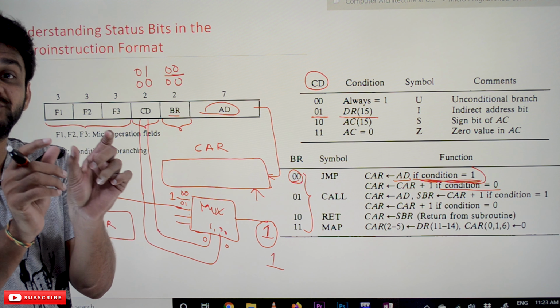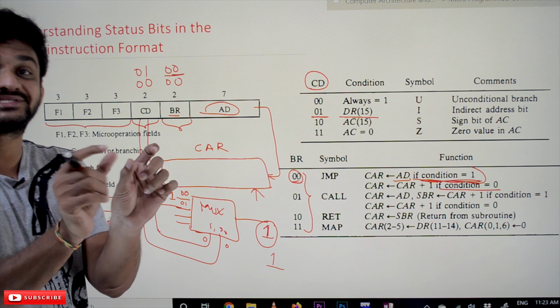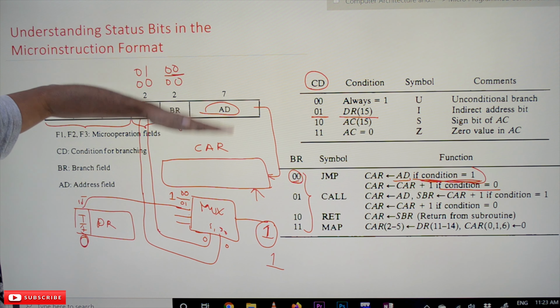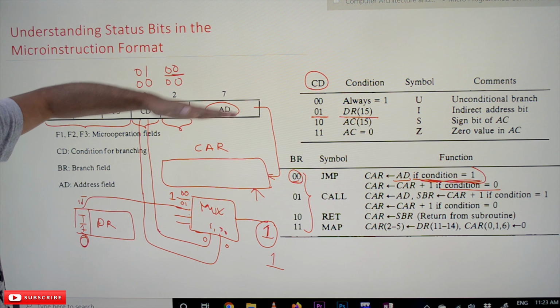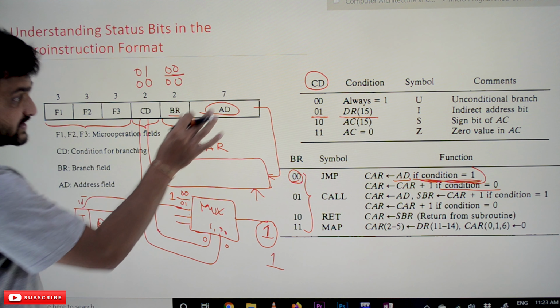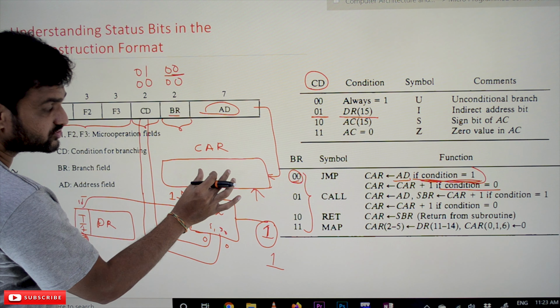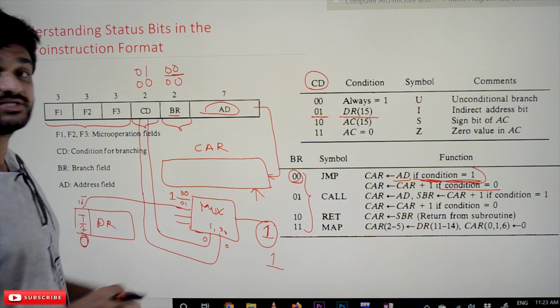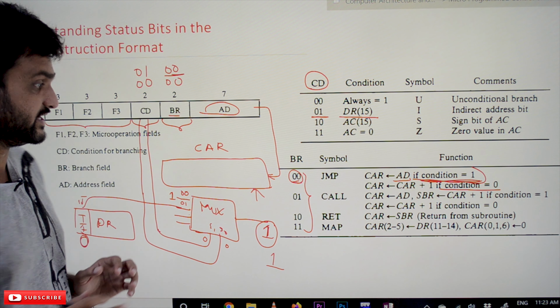So the status bits are going to decide what kind of branch address sequencing has to be done, whether this address value has to be transferred onto the control address register or the control address register value has to be incremented.